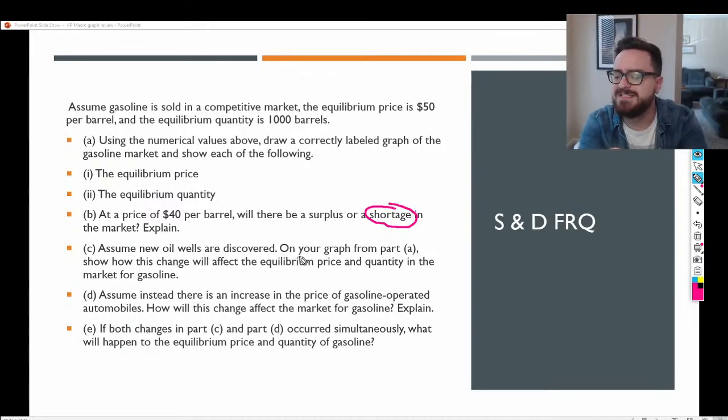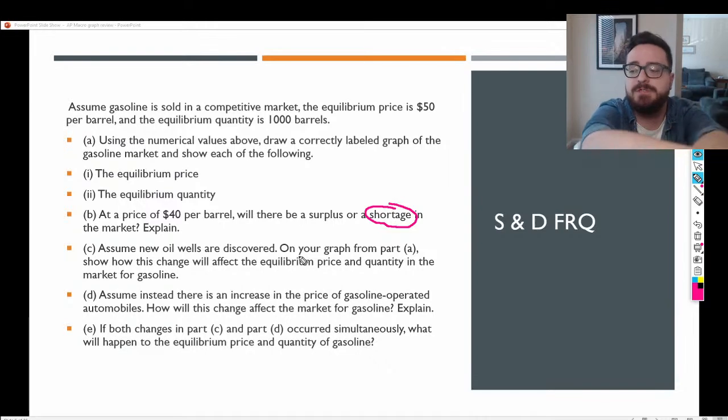On D, assume instead there's an increase in the price of gasoline-operated automobiles. What'll that do to the market? Supply or demand? Well, the companies that make oil aren't the exact same companies that sell cars. Like Shell doesn't have a car, so this probably isn't affecting the supply. It does affect me as a consumer because I drive a gas-powered car, and I would like to buy a new car in the near future.